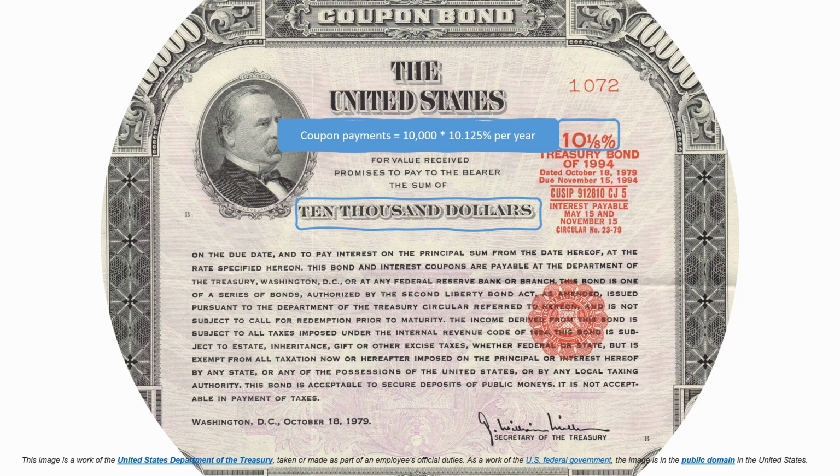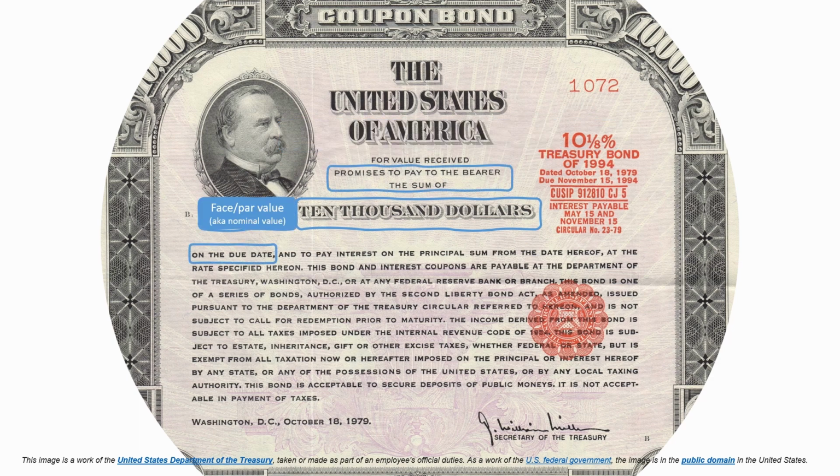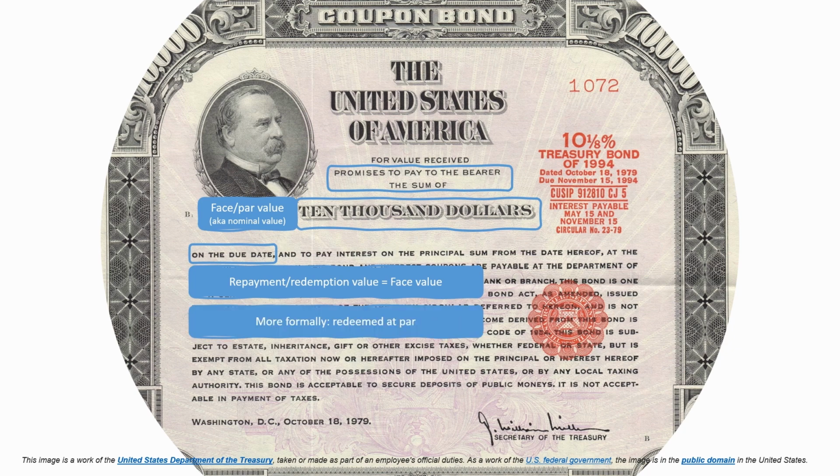In this particular example, the bond terms specify that the investor will receive $10,000 or the face value on the due date. More formally, when the repayment value is the same as the face value, we can say that this bond is redeemed at par. Hence the alternative name for face value, par value.